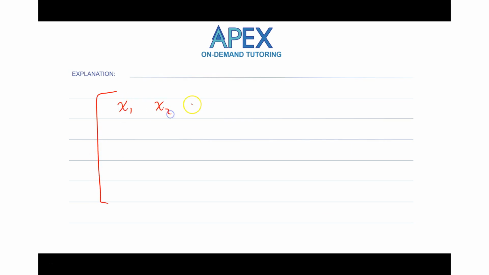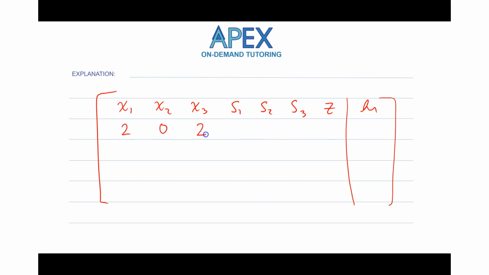If I have x1, x2, x3, all right, we're going to start with 2, 0, 2, 1, 0, negative 1, 0, and 26.